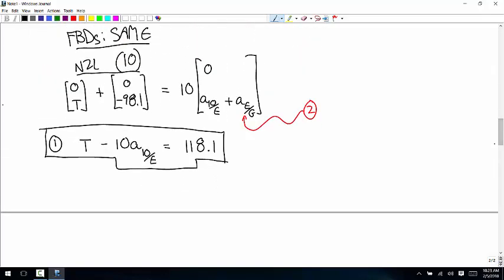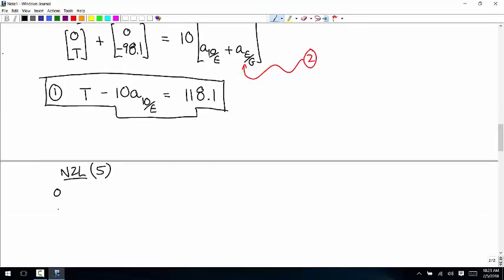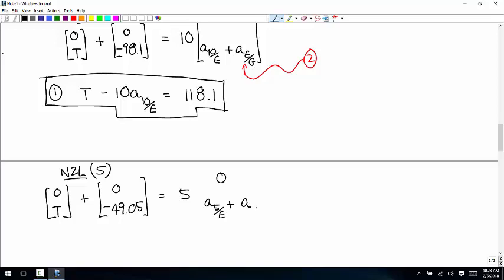And then Newton's second law for the 5 is 0t plus 0, negative 49.05 is equal to 5 times 0, and then for the y component, a of 5 relative to the elevator plus acceleration of the elevator relative to the ground.